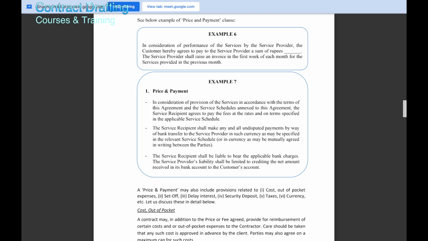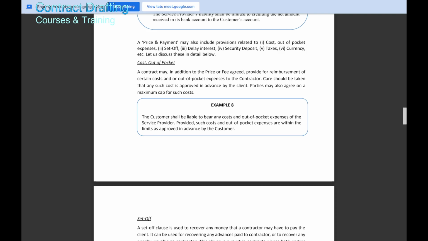So, a cost or out of pocket expenses can be specifically included subject to a certain limit, or it can be subject to documentary evidence of those expenses. A set off can be there in an agreement where both sides are providing services and receiving payments, or it can also be between a simple transaction of service by one party and payment by another party.